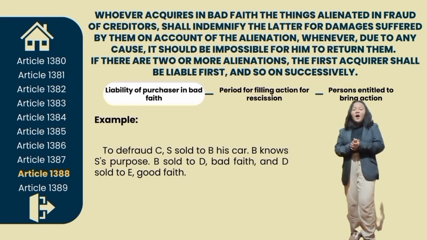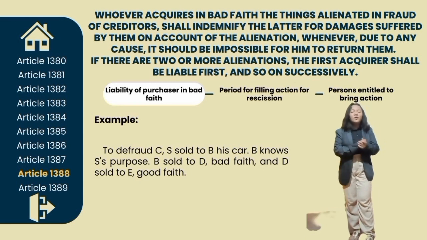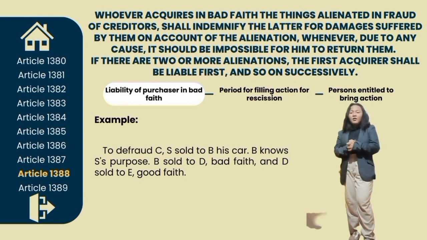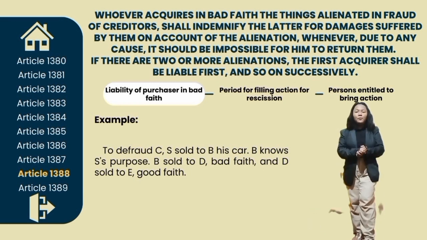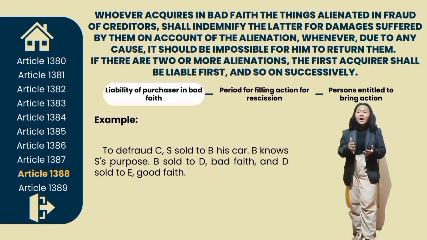The purchaser who acted in bad faith and acquired the object of the contract alienated in fraud of creditors must return the same if the sale is rescinded, and should it be impossible for him to return it due to any cause, he must indemnify the former. So, for example, to defraud C, S sold his car to B. B knows S's purpose.